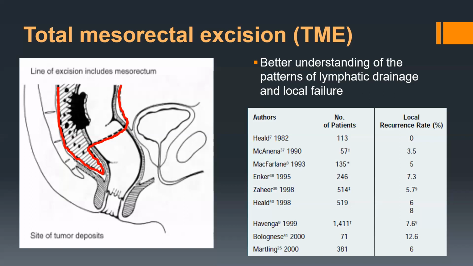And this was replicated up to the 2000s by several people who now showed that the local recurrence rate could be brought down to less than 10%. Just imagine, from 25 to 28%, local recurrence rates dropped to less than 10% with an improvement in surgery. And the total mesorectal excision is the most important thing that you can do in rectal cancer. It is by far the greatest discovery in rectal cancer treatment.